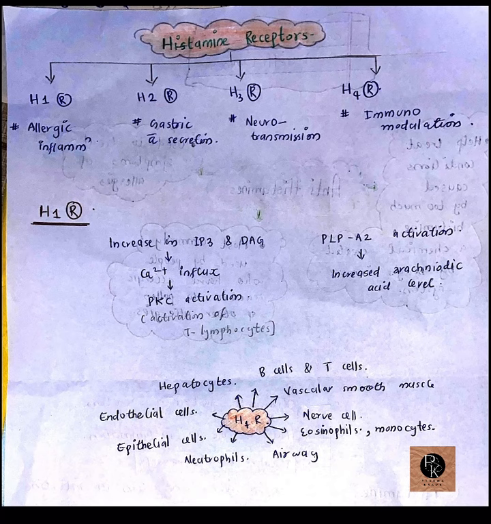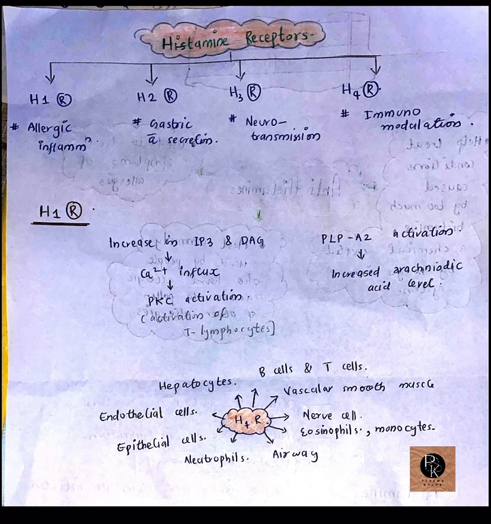So IP3 is a secondary messenger and DAG, that is diacylglycerol, is a signaling lipid which will lead to the influx of calcium, and increased calcium will lead to the activation of protein kinase C. So increased protein kinase C will lead to the activation of T lymphocytes. T lymphocytes then produce cytokines which have an ability to recruit macrophages and other inflammatory mediators, which will lead to the allergic inflammation.